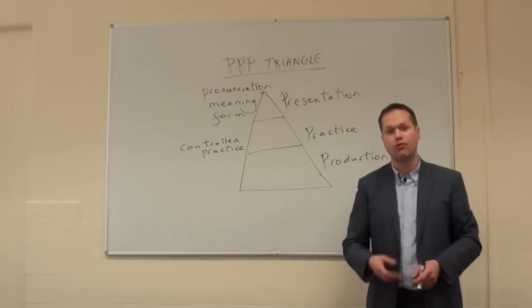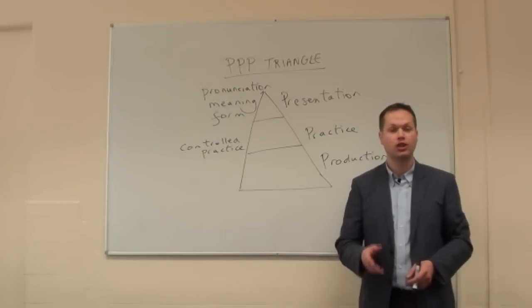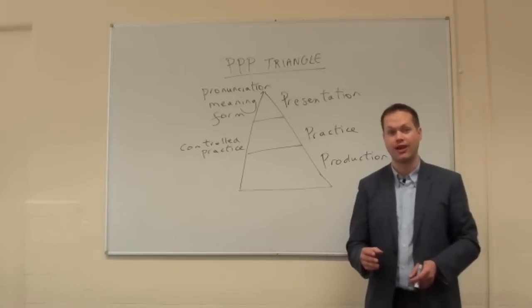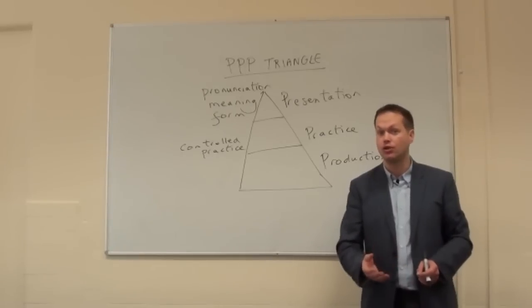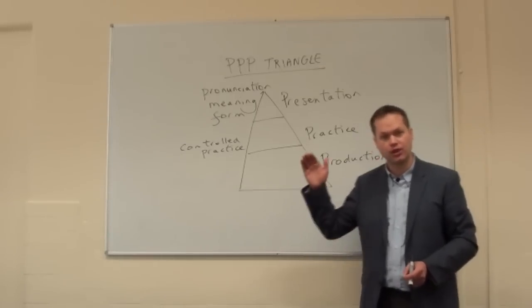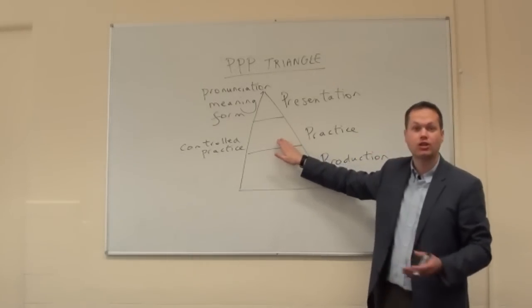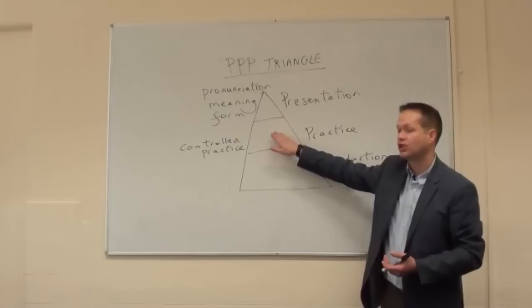The teacher is there to monitor, to support, to give corrections where necessary, especially if the focus of the lesson is on accuracy. The teacher will be quite involved there, helping the students to use the language properly, naturally, correctly, with accuracy. Once the teacher is quite happy that the students have practised the language, they're using it well, you can then move on to the next stage.